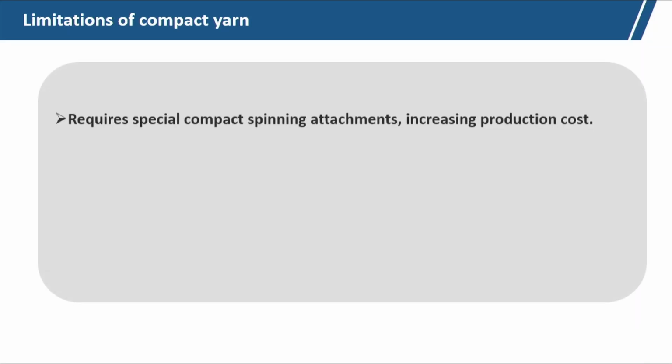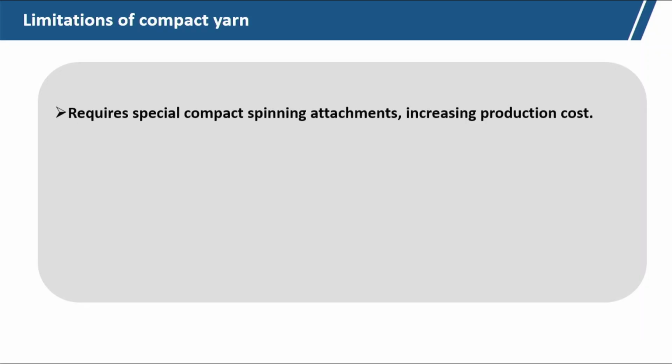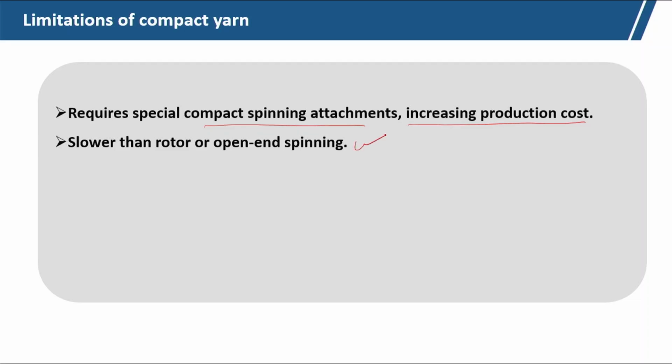The limitations basically lie in the cost, because we have to have some additional attachment. Special compact spinning attachment increases production cost, that is a major limitation, and it is slower than rotor and open-end spinning, because it is attached to the ring spinning.